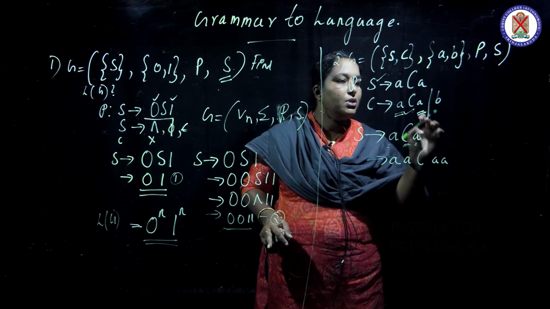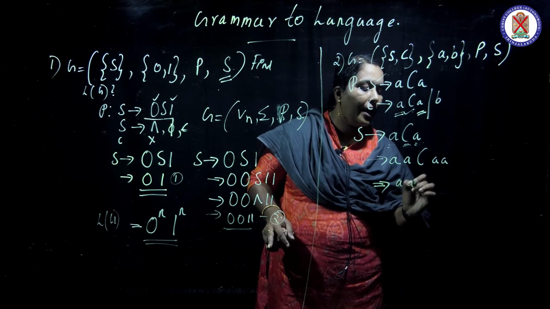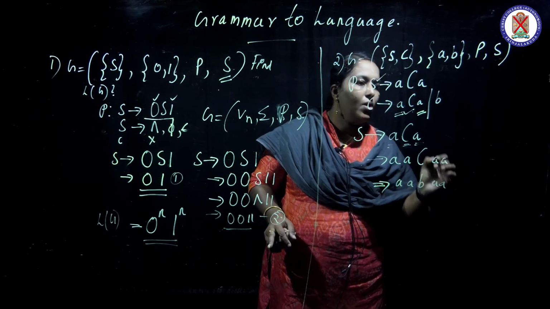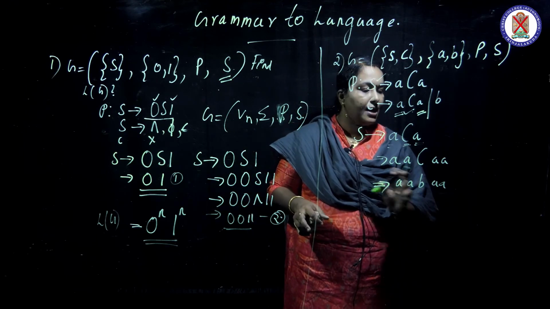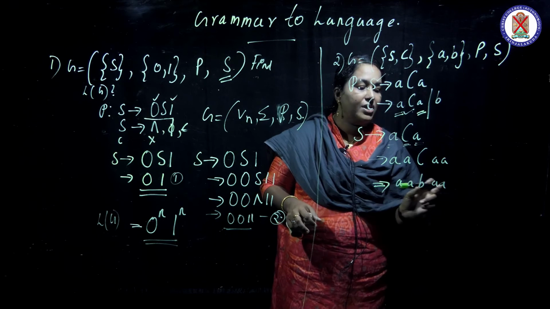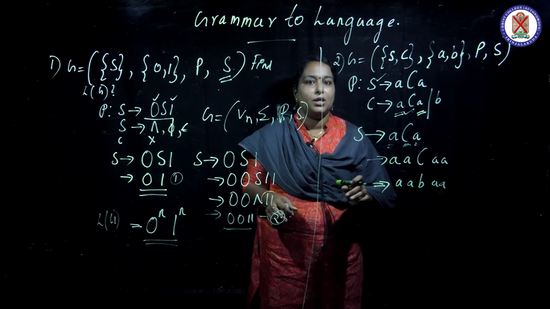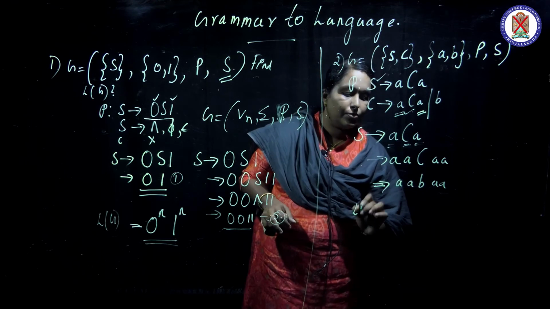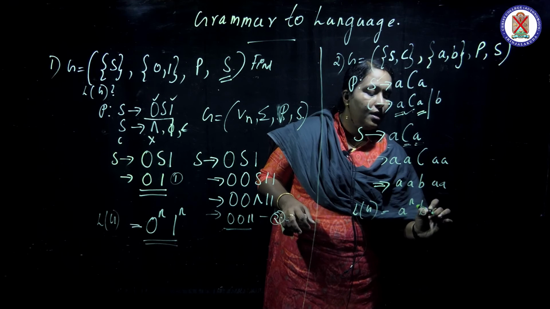Next I substitute C with b, so aabaa. This a can be repeated any number of times, infinite times, in the prefix and suffix, but b occurs only once. So what will the language be, students? That will be a raised to n, b, a raised to n.